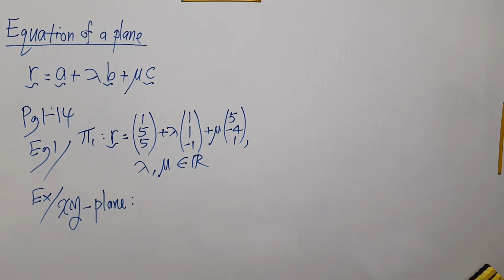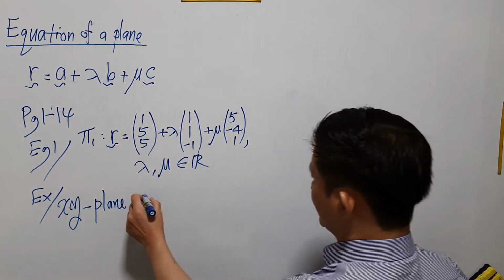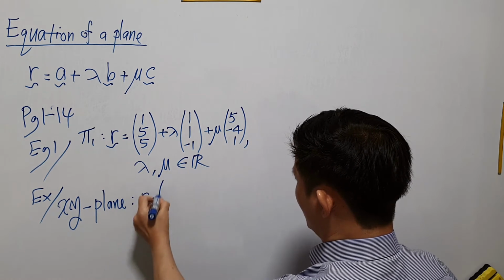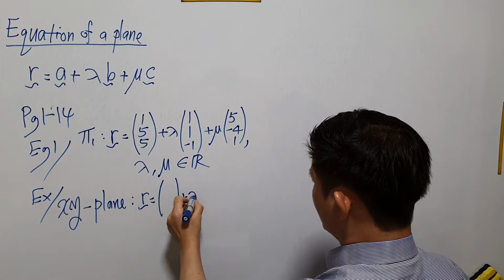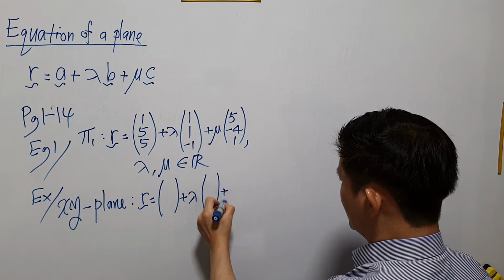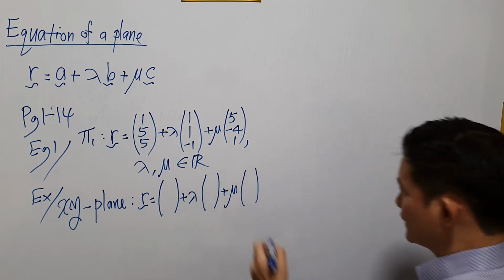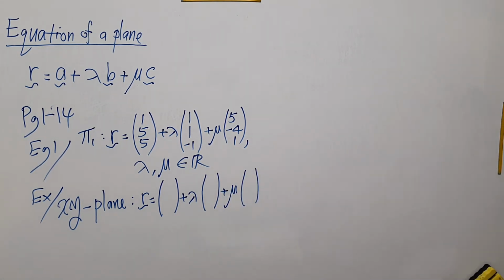Again, to write down the equation of a plane, I need 3 vectors: 1, 2, and the third one. The first vector represents a point on the plane, the position vector of a point on the plane.